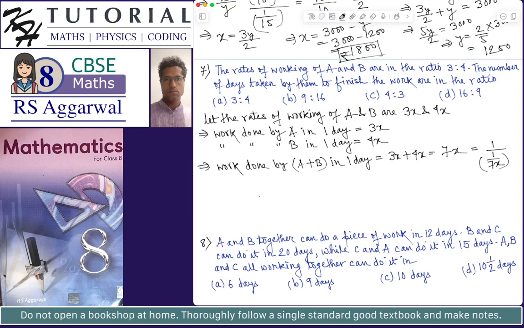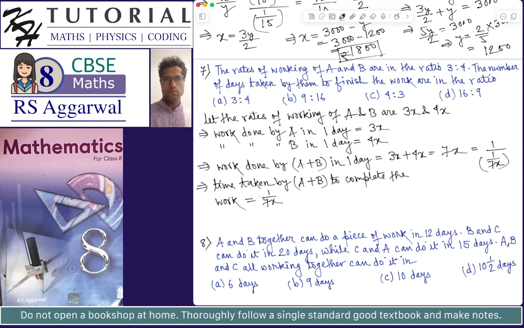So the time taken by A plus B to complete the work will be equal to 1 by 7x.